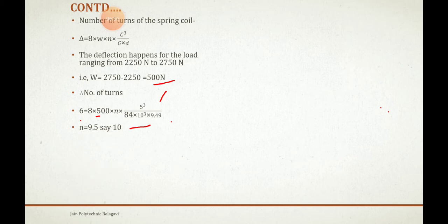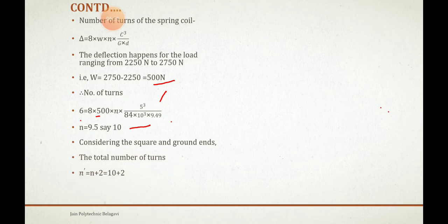The value of n you will get is 9.5. Let us say it is 10. Now if you consider square and ground ends, then we have to add 2 to n, that is n dash equal to n plus 2. So it is 12. 12 is the number of active turns.